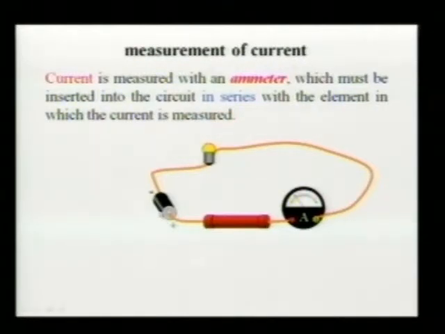How about current in the battery? Can I figure out the current in the battery, or do I have to place the ammeter at a different location? Who believes that the current measured on that ammeter is equal to the current in the battery? Let's vote. Who believes that yes, it does? 1, 2, 3, 4, 5, 6.